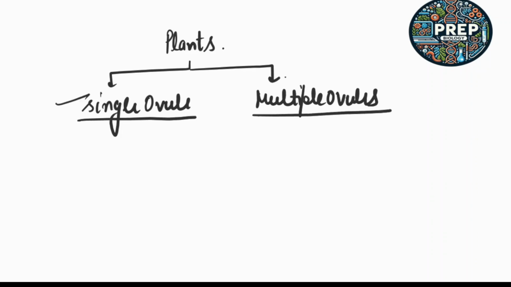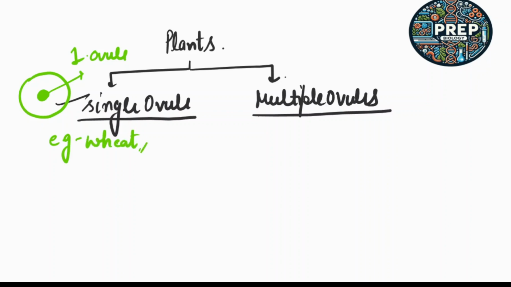So the examples of plants which have a single ovule inside the ovary, this is the ovary, and only one ovule is present, are wheat plant, paddy plant and mango, etc. There are multiple plants.